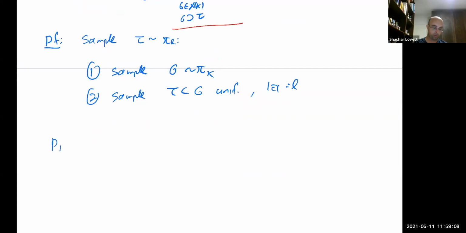Now let's prove the lemma of Garland's method. And let's start with the proof of one.